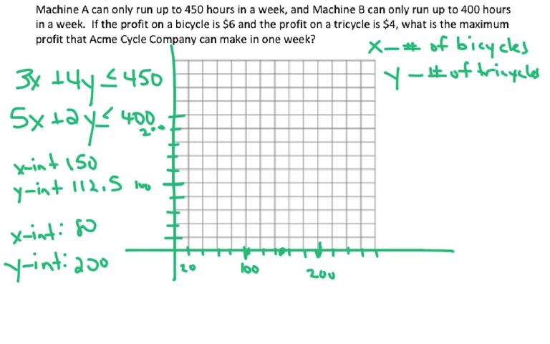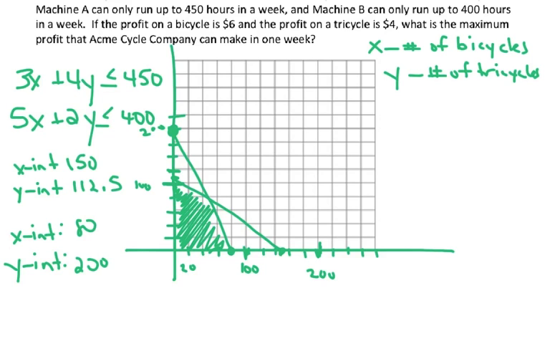So if this is 100 and the next one's 120, then 112.5 is somewhere in the middle. It doesn't really matter where. So that's a good enough interpretation of the line. The second inequality has an x-intercept at 80 and a y-intercept at 200. So there's that line. And both the shadings are underneath, so they overlap in this little figure here.